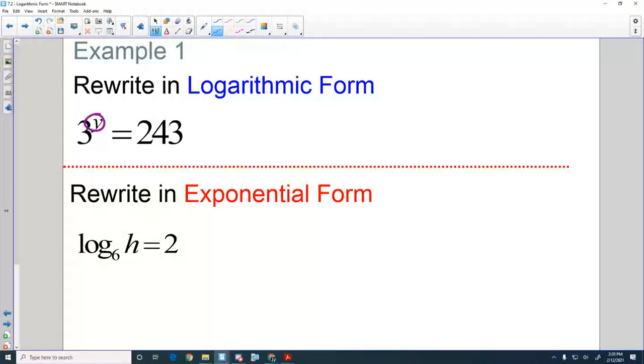I want you to try to write it in log form, okay? So try switching from exponential form to log form. Then I want you to do the opposite. This here is written in log form. I want you to write that in exponential form. All right, so try practicing just swapping back and forth between those two different forms.